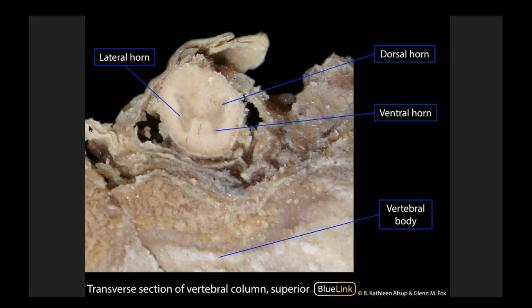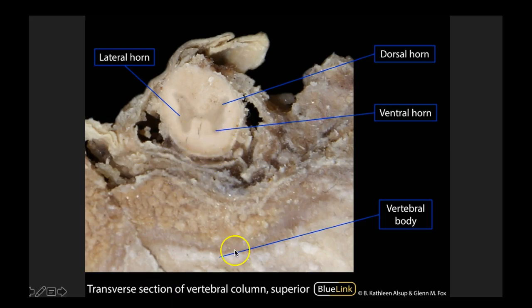So once we are able to orientate ourselves, we can see the dorsal horn, where we will find the terminal ends of the sensory neuron. We can also see the lateral horn, which contains cell bodies of your autonomic nervous system motor neurons.